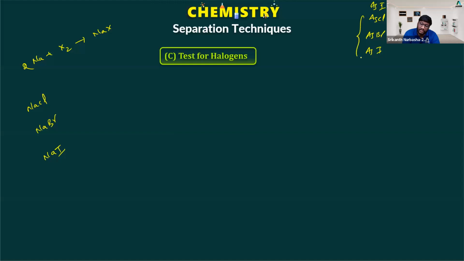Why am I talking about AgCl, AgBr, AgI? Because silver nitrate will be reacting with NaCl, NaBr, NaI to form the respective AgCl, AgBr and AgI. What is the color of AgCl?